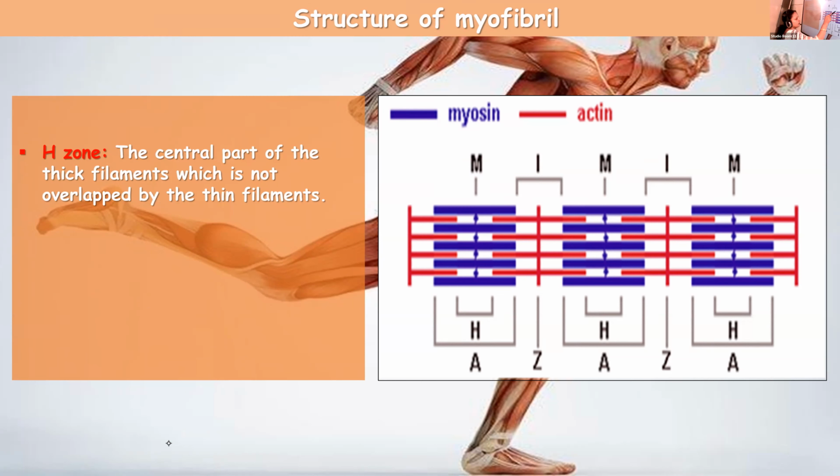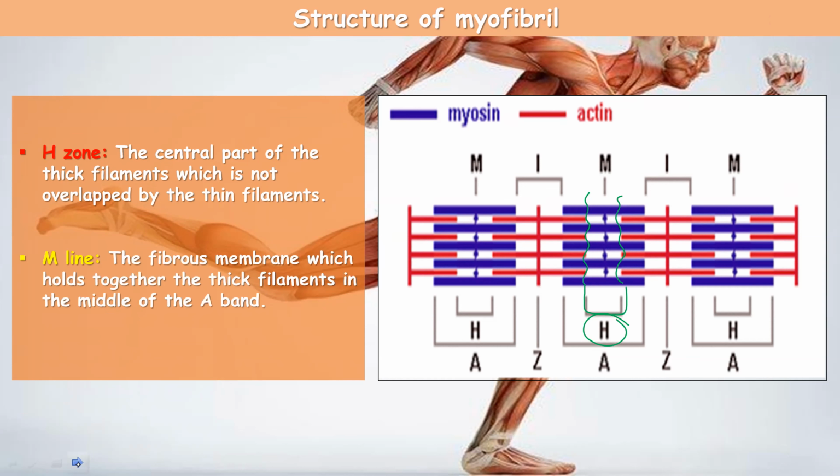Here you see, this much area is not overlapped. So remember, the blue-colored ones show the myosin filaments. The central part of the myosin filaments, which is not overlapped by the thin filaments, is known as the edge zone, this region. Okay, children? Hope you are getting it.